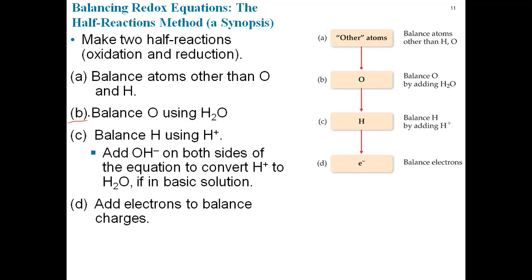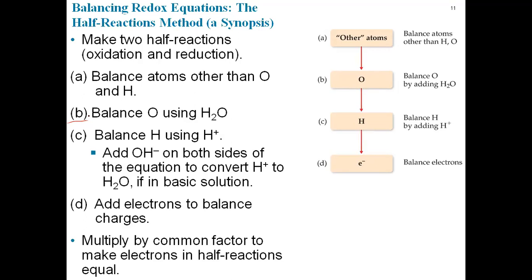So once you balance all the atoms, you balance the charge by adding electrons, because electrons always carry negative charge. Just add electrons on either the left side or right side to balance the charge in both half reactions.